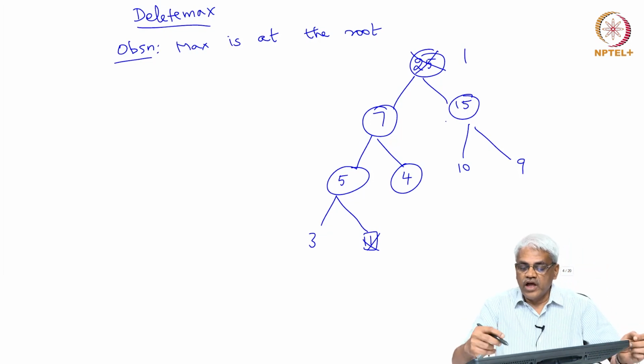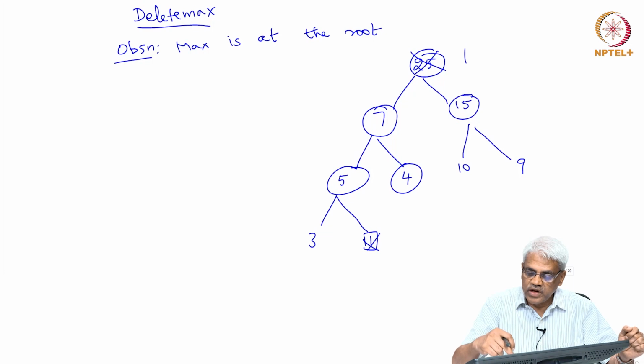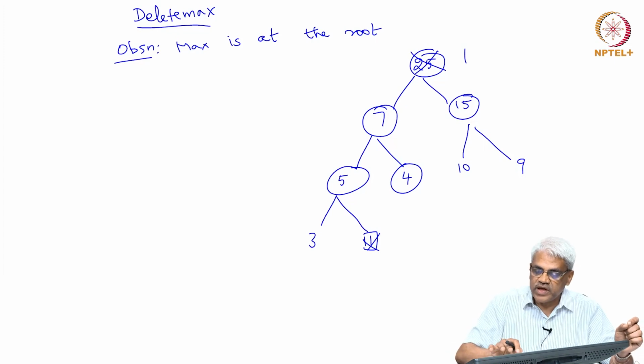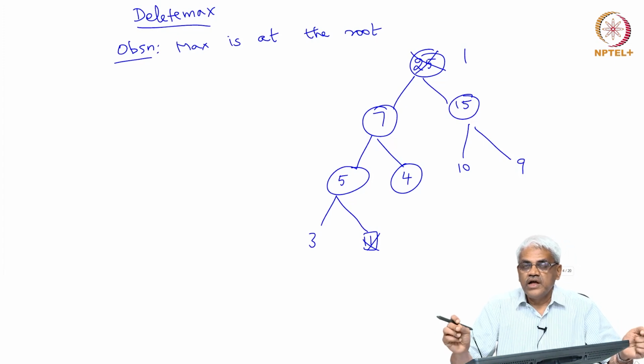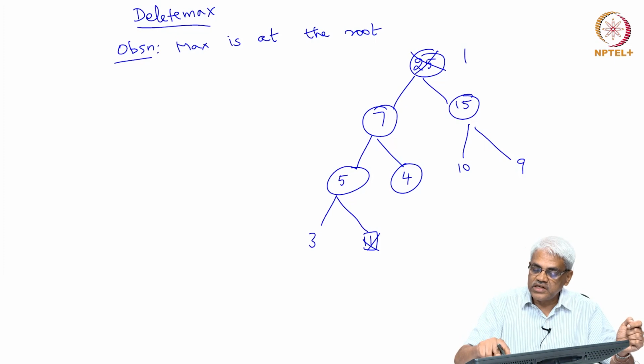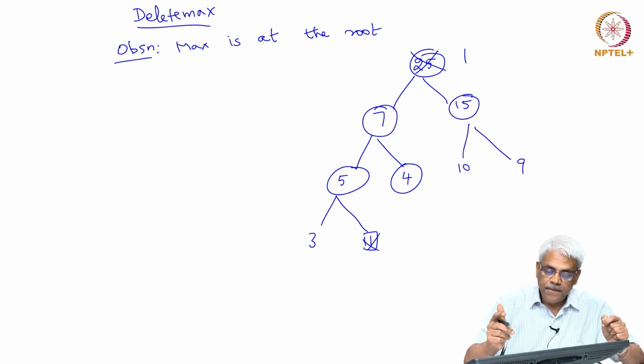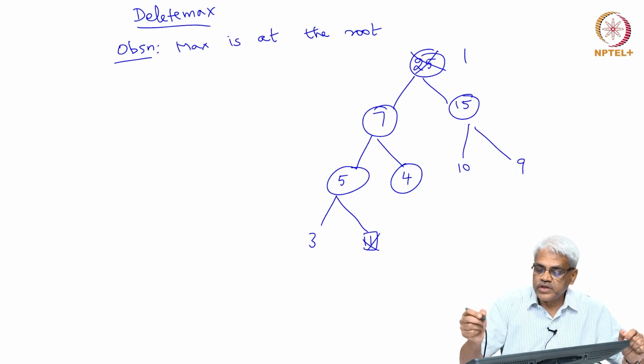So, I have to do some swap. Which one do I swap? I have an option of putting 7 up there and 1 here, but then 7 would be smaller than 15, so there will be a violation here as well. So, it turns out the better thing to do is to pick the larger of the two children and swap it with the parent.